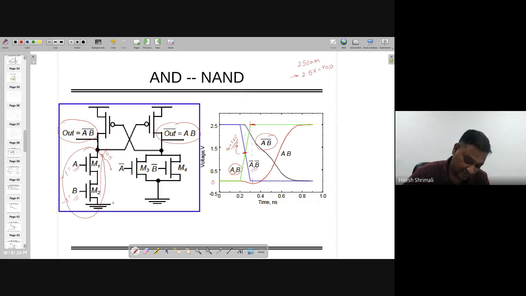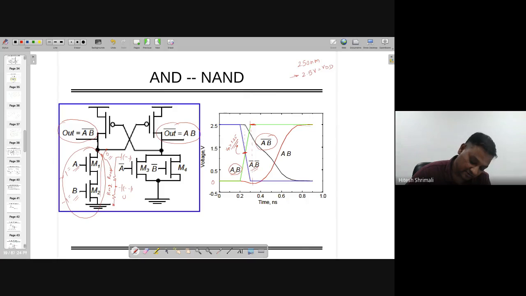That delay depends on RON1, RON2, RON1, and at each node you will have some parasitic capacitor.